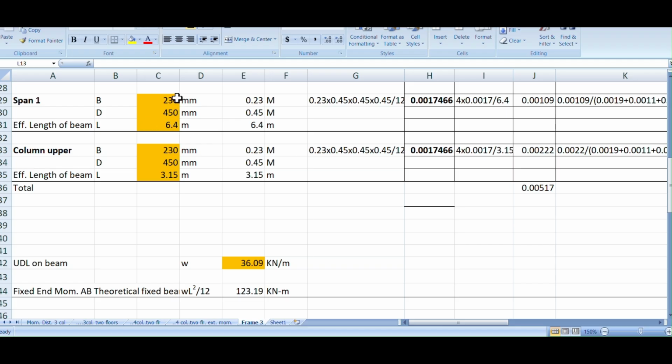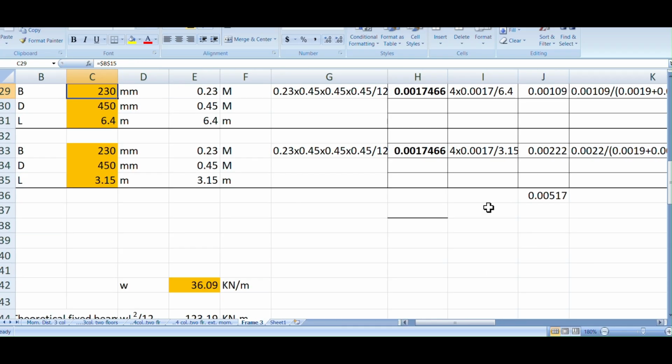The measurements I have written in these colored places. But see, you can find here it has been written in the Excel formula bar.